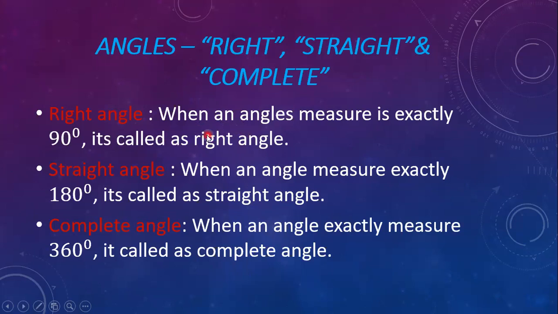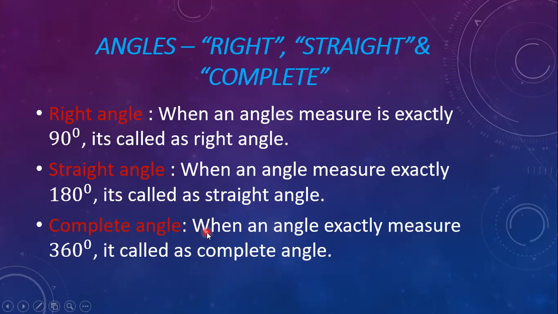So where exactly 90 degrees will form, that is called right angle. Next is straight angle. When an angle measures exactly 180 degrees, it is called a straight angle. So if 90 degrees is formed, that is a right angle. If you take a straight line, there you can see 180 degrees will measure, it will form the angle. So where it measures exactly 180 degrees, that is called straight angle.